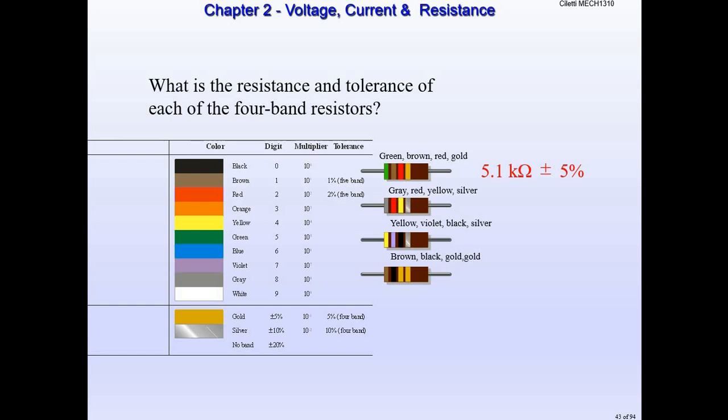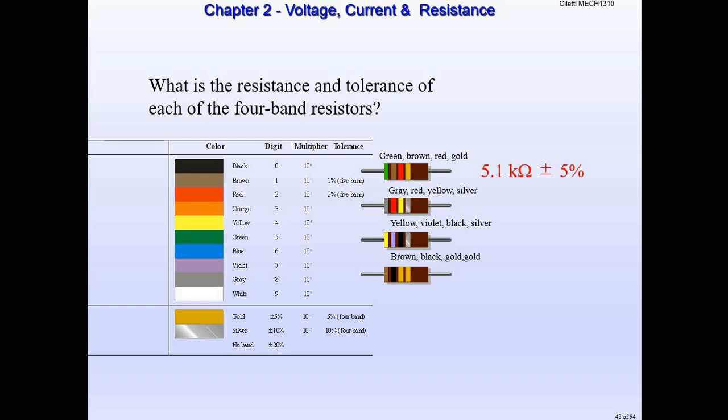Let's do the next resistor. Why don't you pause the video and give it a shot, and then I'm going to go ahead and go through it. We have gray, red, yellow. Gray is 8, red is 2, so I write down 8, 2, and then yellow tells me how many zeros. There are 4 zeros, so I write 8, 2 and put 4 zeros after it, and then write ohms.